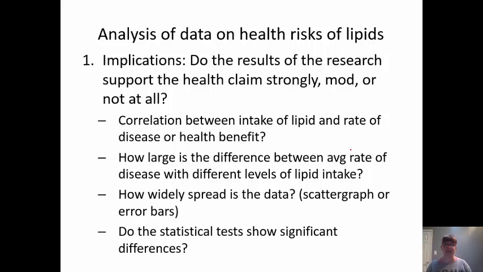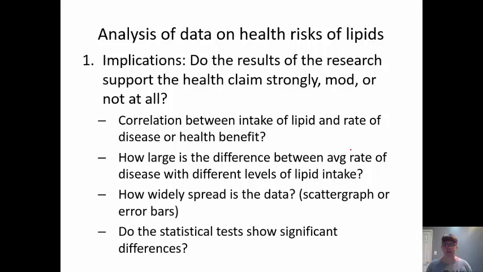Some of the ways that we can determine this is we can look and see, is there a correlation between the intake of lipids and the rate of the disease or benefit? We want to look at the difference between the average rate of the disease with different levels of lipid intake. We want to look at how widely spread the data is.